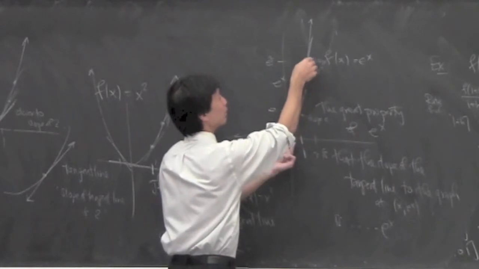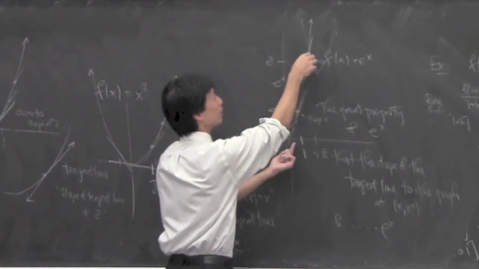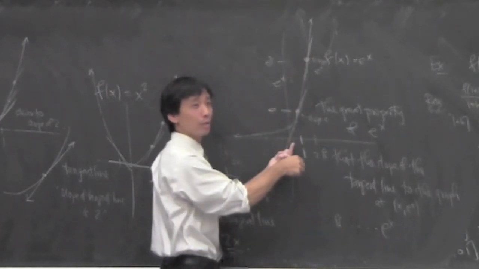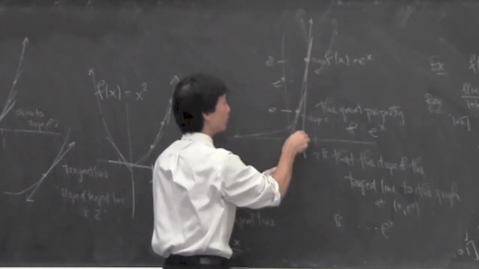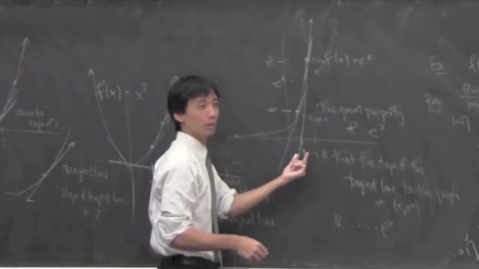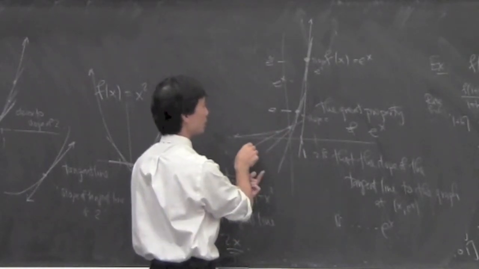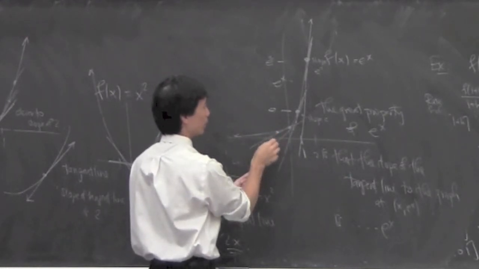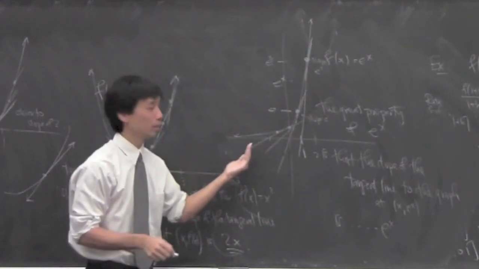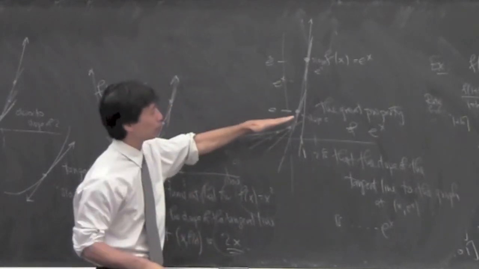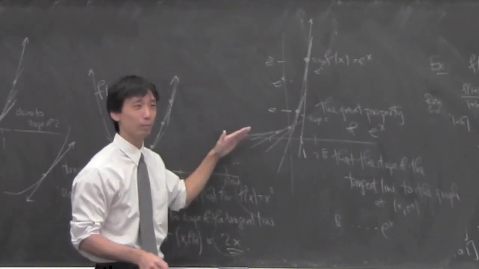Here, if the height is e squared, the slope is e squared, that means if we move 1 step over in time, it'll drop e squared. So this tangent line will also cross 1 point over. All the tangent lines will cross at one step before in time.